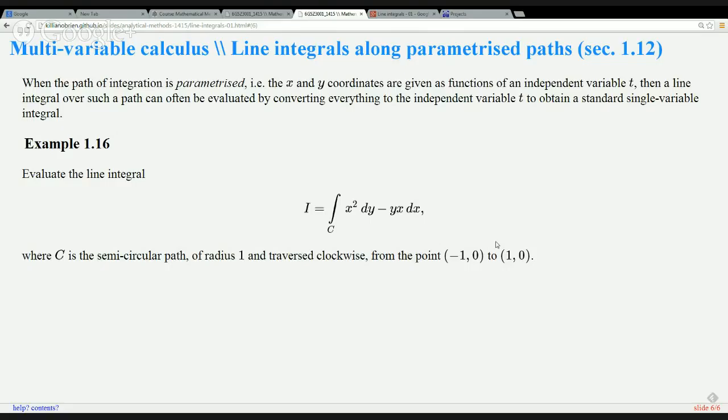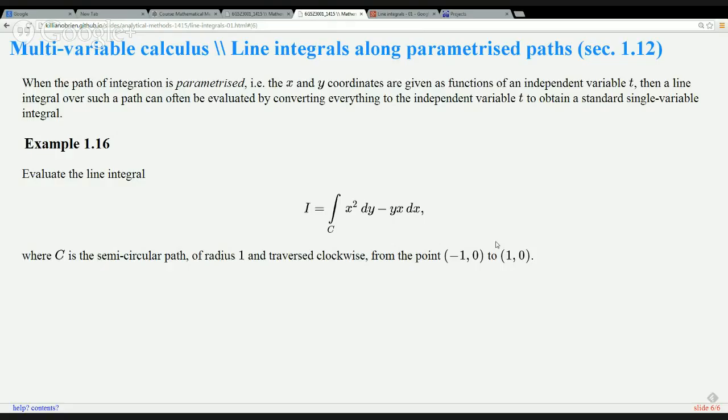We know how they behave. And we can also find expressions for dx and dy. Taking the differential of both sides of the x equation will give you dx as minus sine of t dt. And doing the same for dy will give us cosine of t dt.